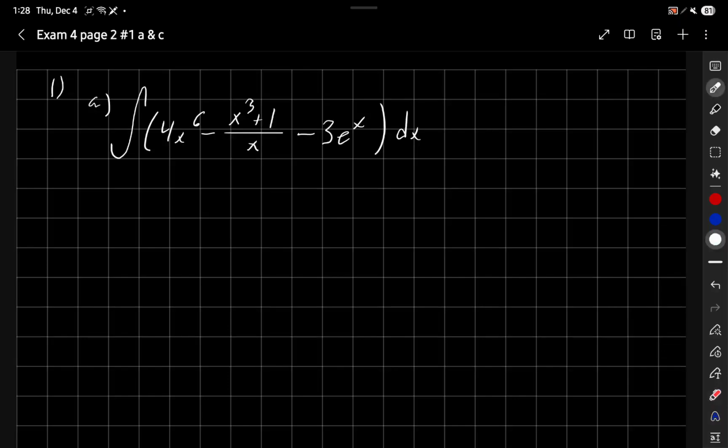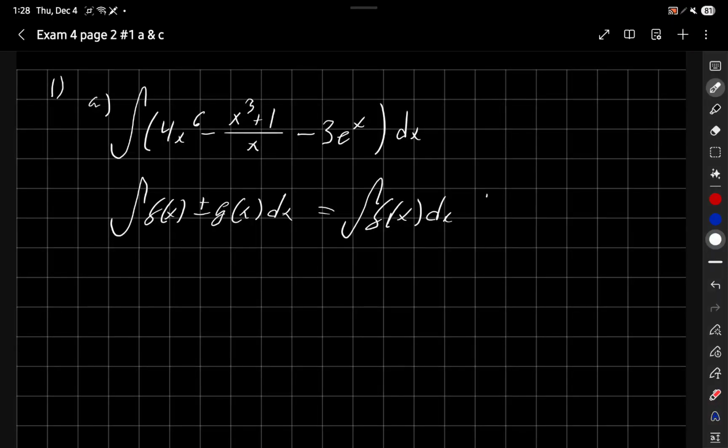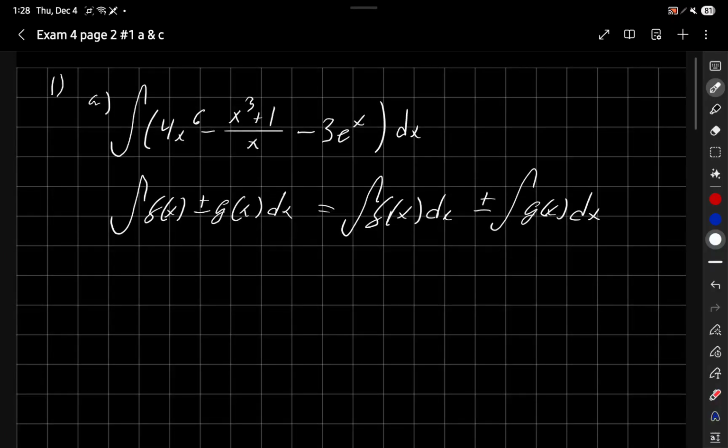And the way that we can do that is just using the subtraction and addition integral rule, which states that the integral of f of x plus or minus g of x dx is equal to the integral of f of x, whether that be plus or minus the integral of g of x dx.